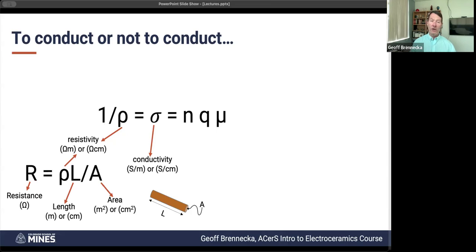So R is rho L over A, and that just means the longer the sample, the higher the resistance. The smaller the cross-sectional area, the higher the resistance. So hopefully this is intuitive. If you have a big pipe, you can flow a bunch of water through it. The resistance is lower. If you have a big wire, you can flow a bunch of current through it. The resistance is lower. The longer that wire, the higher the resistance will be. Hopefully that all makes sense.